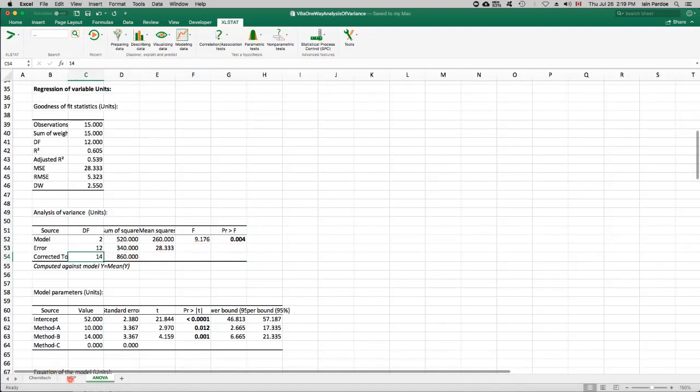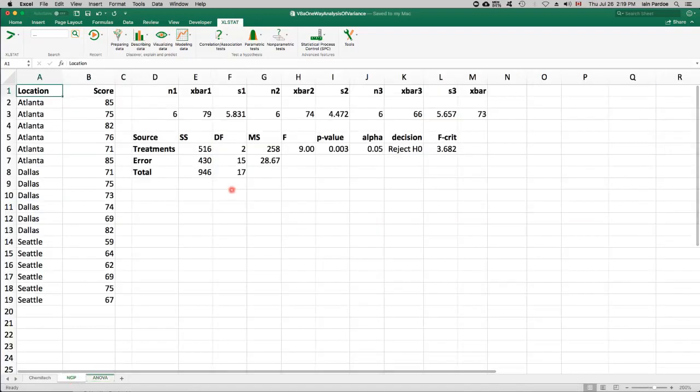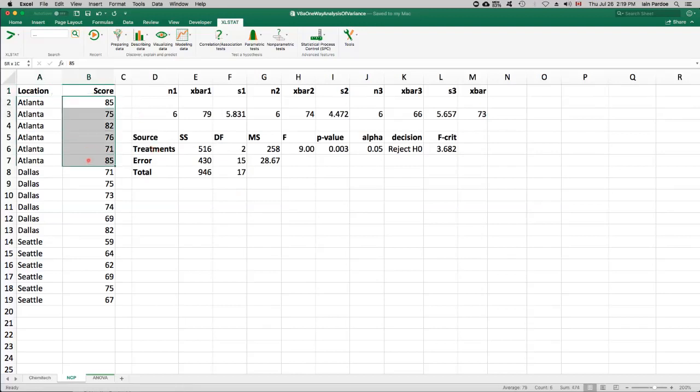Okay, let's look at another example. This is for a company with 3 different branches, 3 different manufacturing plants. And the employees, looks like they took an examination, and 6 employees from Atlanta, those were their scores.